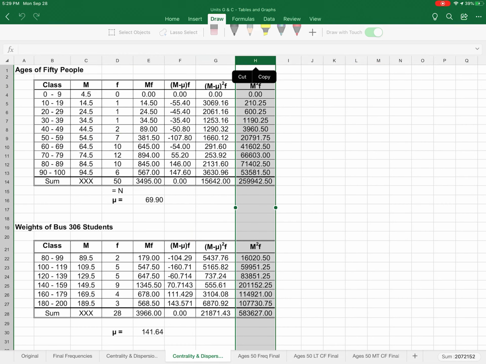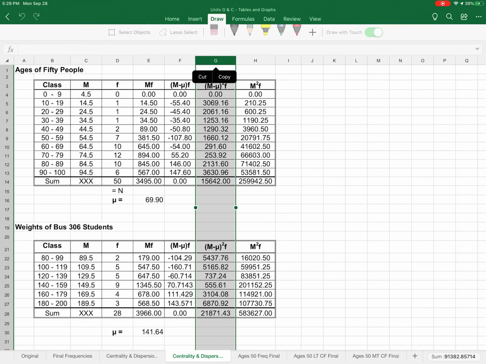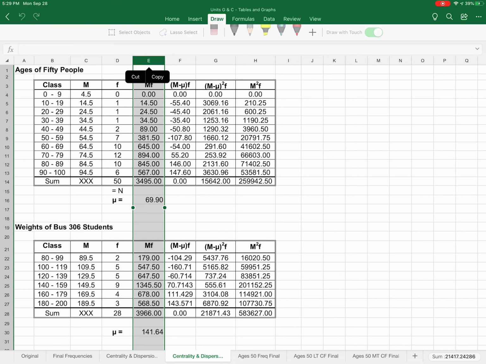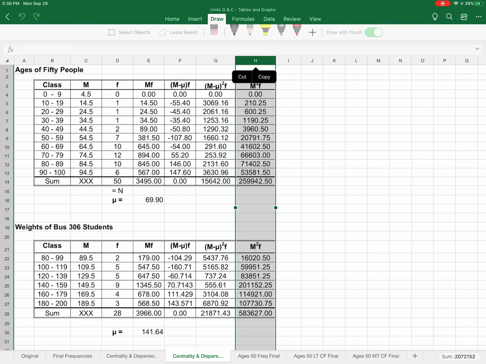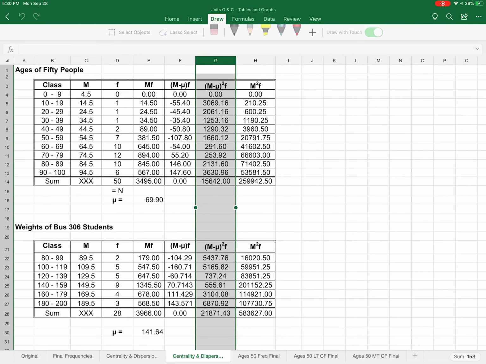We're just going to use this column here, column H. And we can ignore columns F and G. So you'll still need the MF column in order to come up with the mean here. So you need the M, the F, the MF, and then you could just jump to this guy here, which is the M squared F.